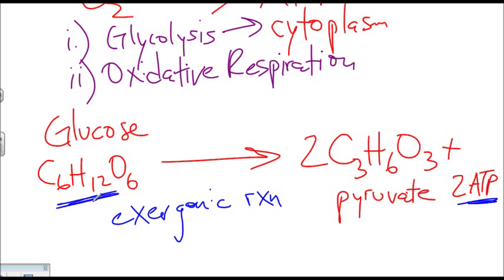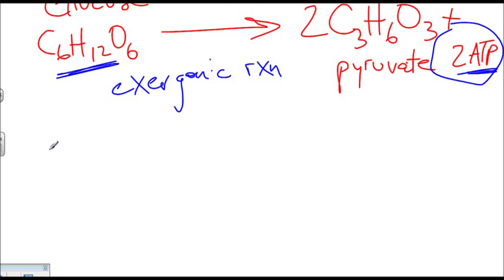The energy stored in the glucose gets released when we break it down into the two pyruvate, and that energy gets put into the two molecules of ATP. The formation of ATP is an endergonic reaction.